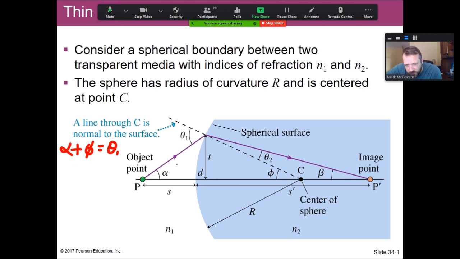If you look at this other triangle, the really huge obtuse triangle here, we have beta plus theta 2 equals phi, because again you have your two angles, and then the supplement has to add up to 180, but that's what phi is. And then we also have our law of refraction.